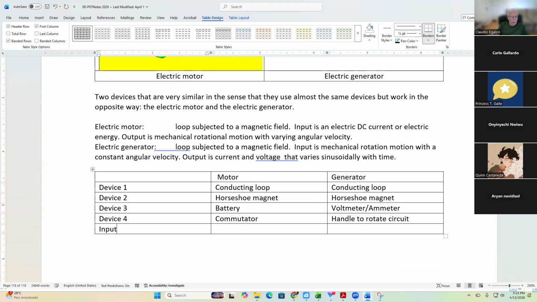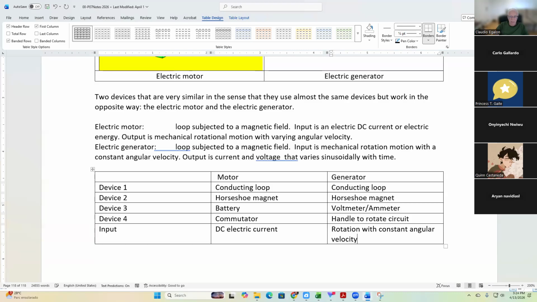Input: DC electric current. The input for the generator is rotation with constant angular velocity, okay?